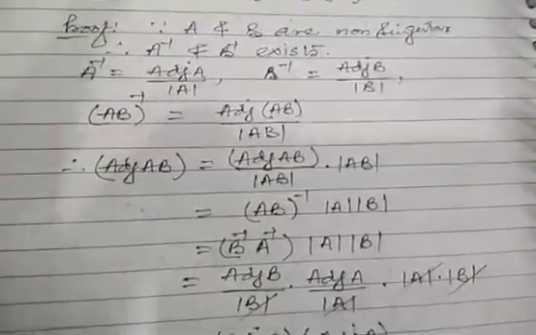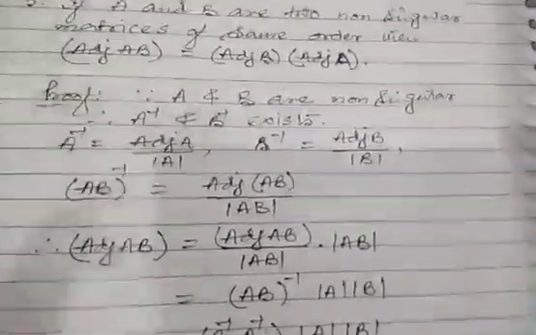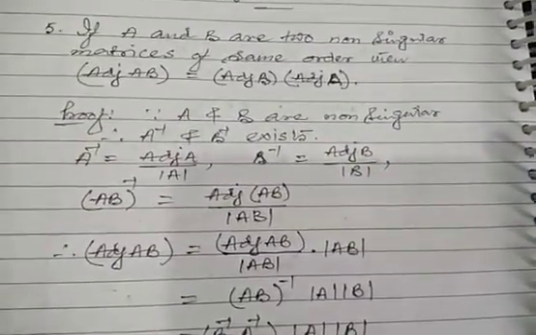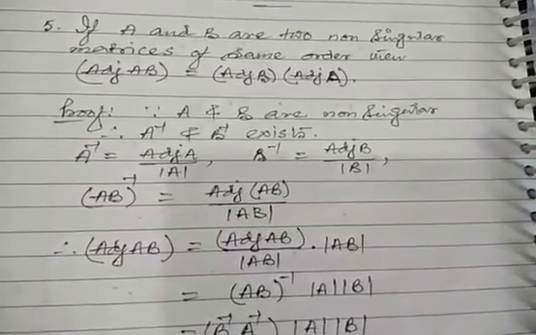Therefore, A inverse is equal to adjoint A by determinant A, and B inverse is equal to adjoint B by determinant B.